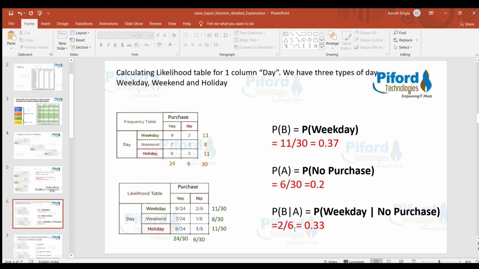And how many total no's were there? 6. Out of 6 no's, 2 no's belong to weekday. So this will give us the probability of B given A.